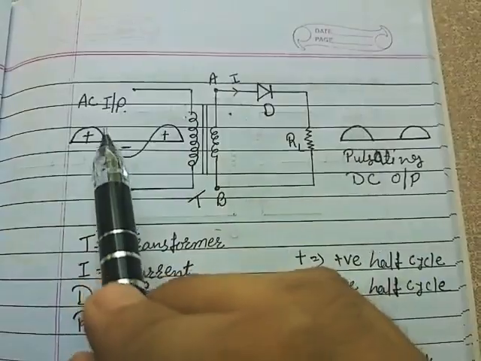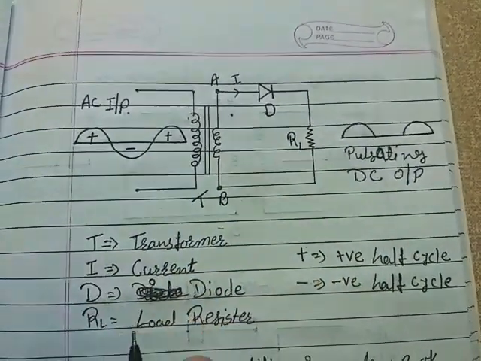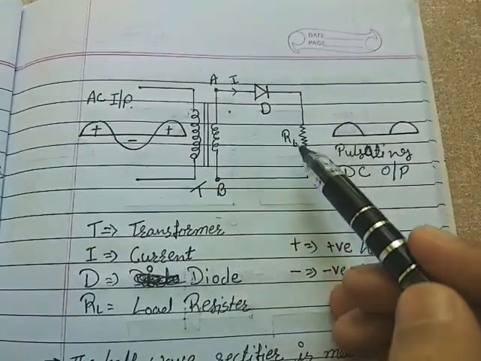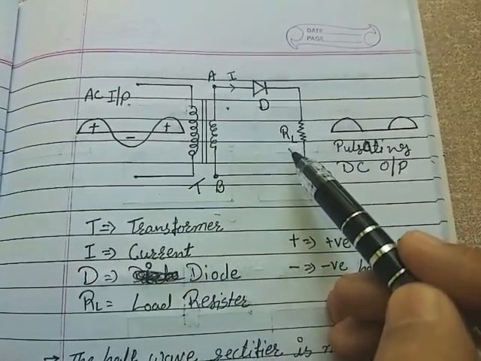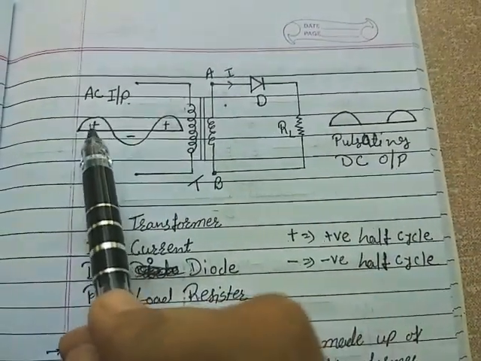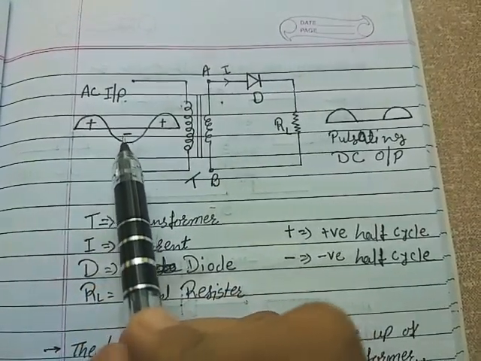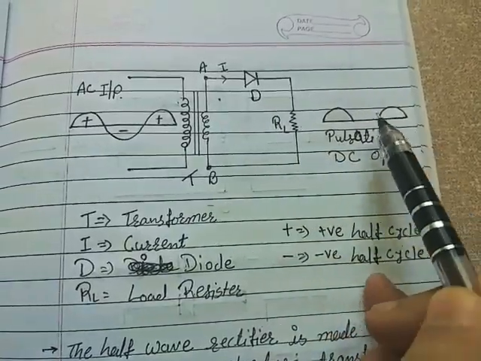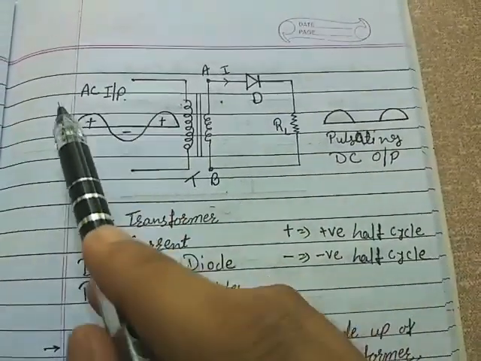This is for the positive half cycle. Here I is the current, D is the diode, RL is the load resistor, and plus means positive half cycle and minus means negative half cycle. This is the pulsating DC output and this is our AC input.